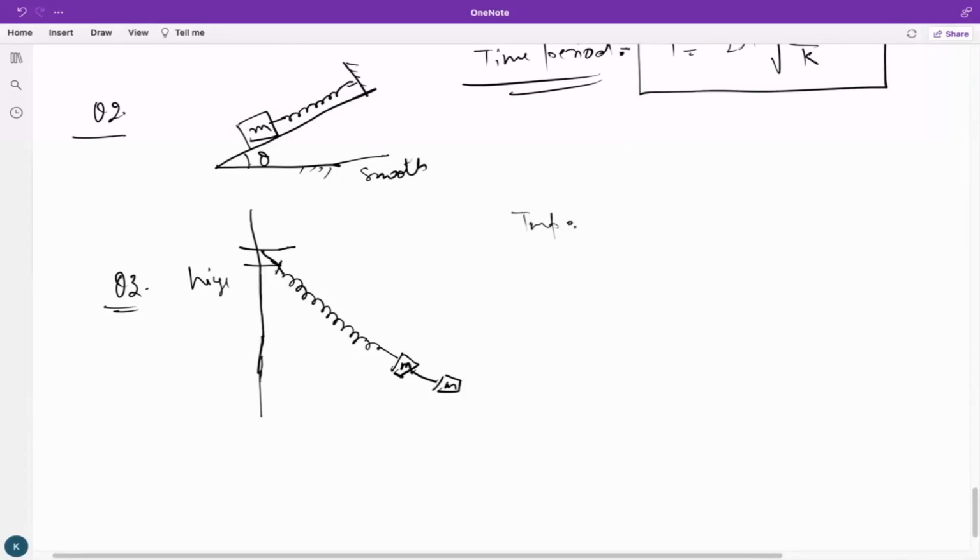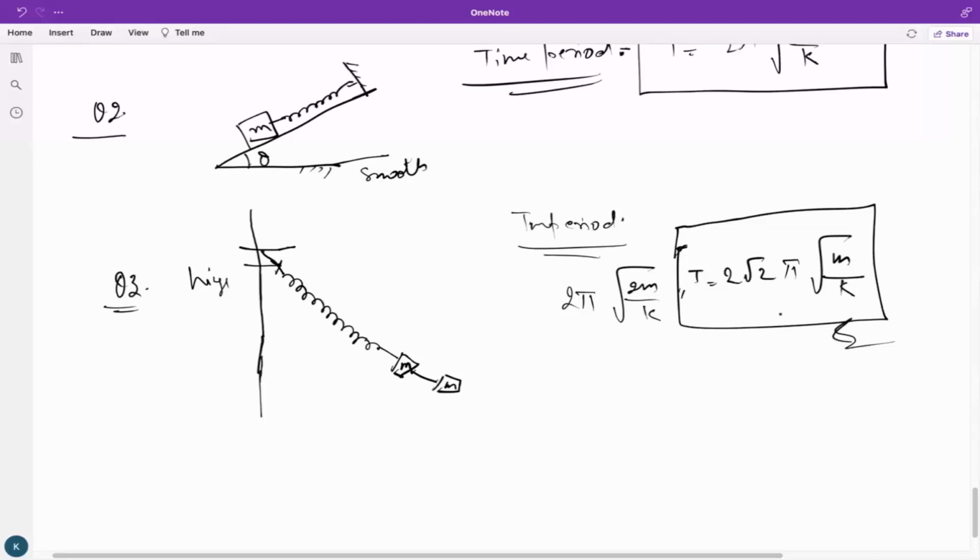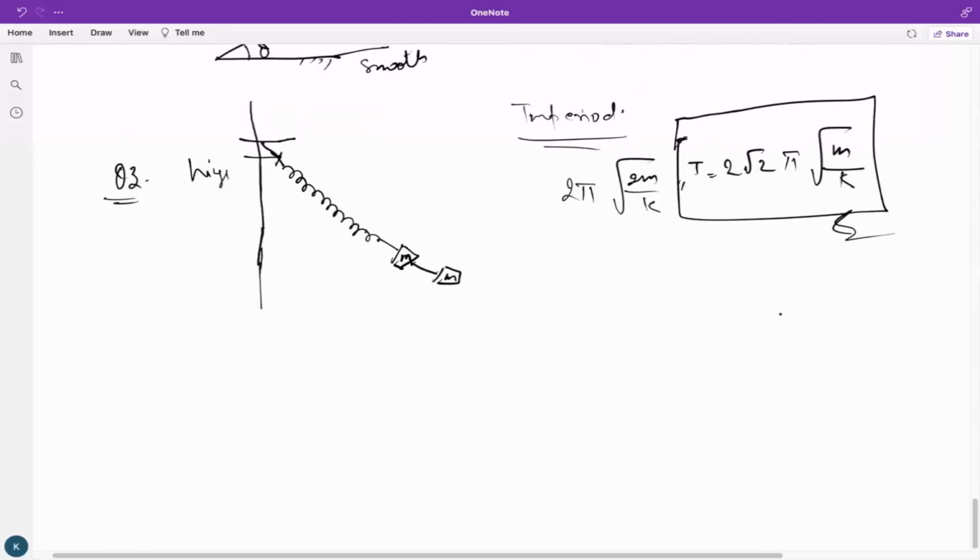For all cases it will remain the same, no changes here, so it will be 2 pi root under 2m by k. I hope this will be clear to all of you.